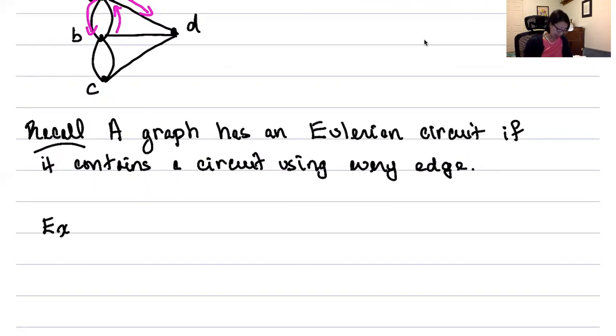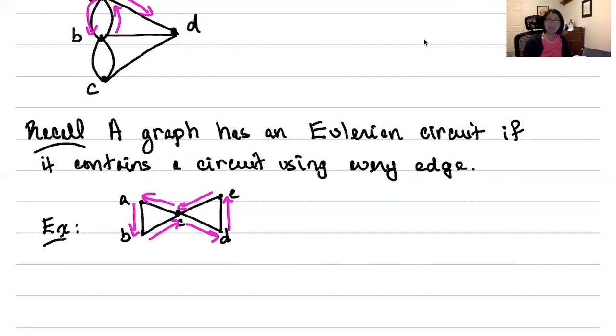So here's some examples, like our favorite example that we've seen before, the bow tie. This graph has an Eulerian circuit. If I name these vertices A, B, C, D, E, we can see we can traverse all the edges if we start at A, for example, by going to B, C, D, E, C, A. I see the vertex C twice on this circuit in the middle, but that's okay.